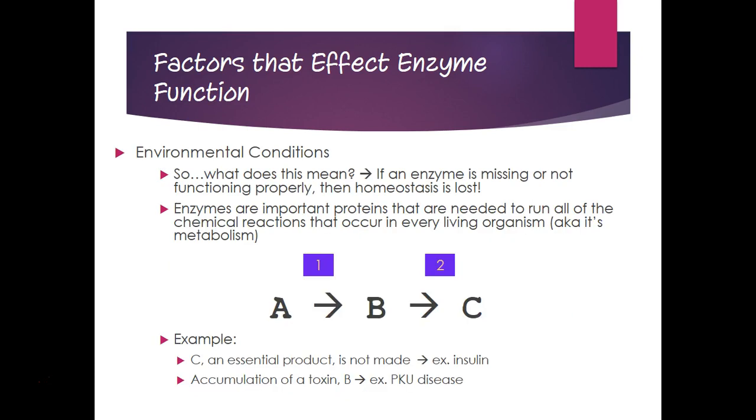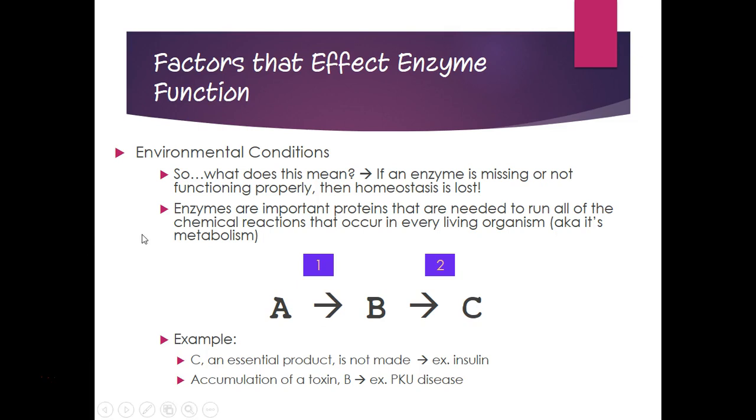So what does all this mean? Well, if you've got a situation where you're missing an enzyme or an enzyme isn't functioning properly because that homeostasis is lost, it really becomes a big problem, because when we look at chemical reactions that are going on in your body, it's very rare for it to be one product that gets made from one set of reactants and the whole thing's done.